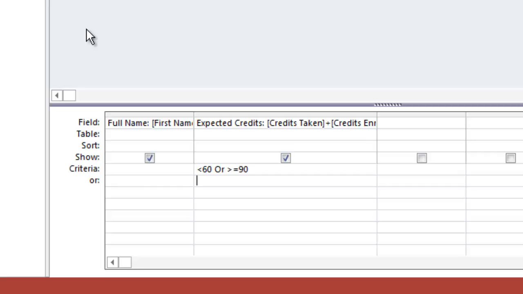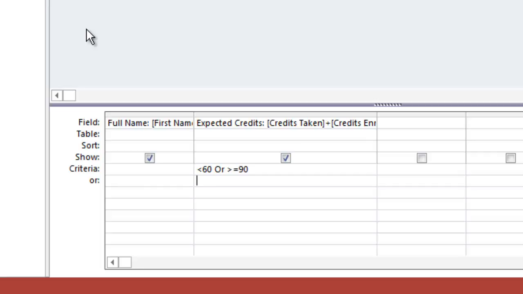But if you think about it from a student's perspective, I get to be included if I'm a freshman or a sophomore, or if I'm a senior. Think about it from the student's perspective or whatever is in our database. And if it's or, you just have to meet one of those criteria. If it's and, you have to meet all of them.